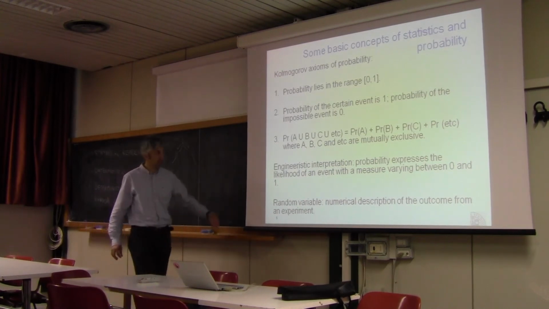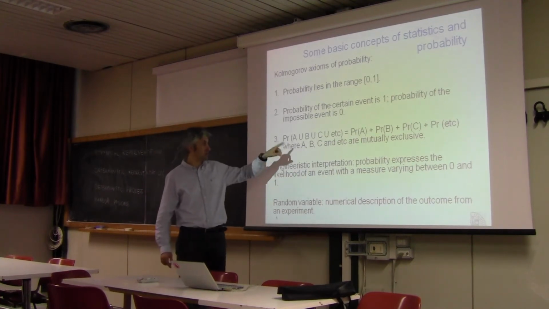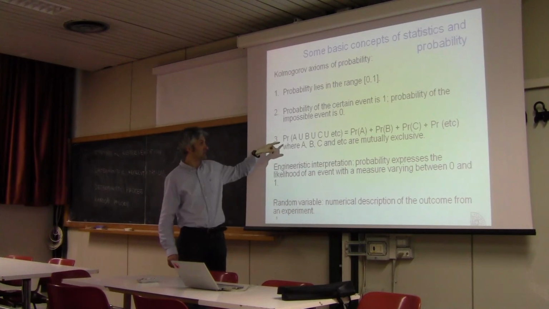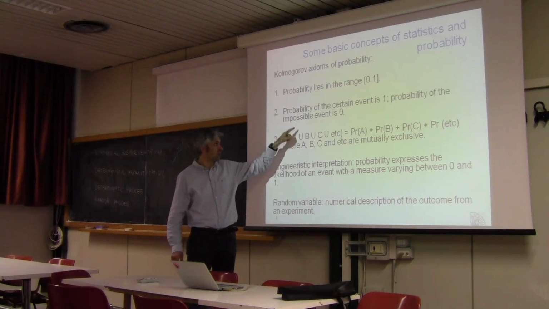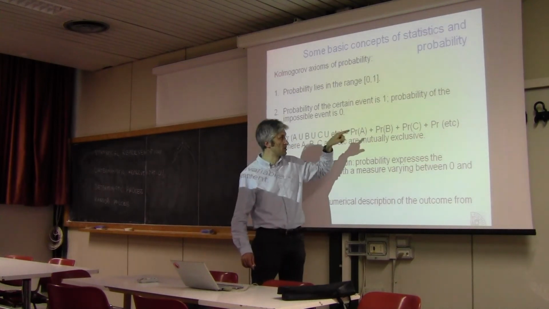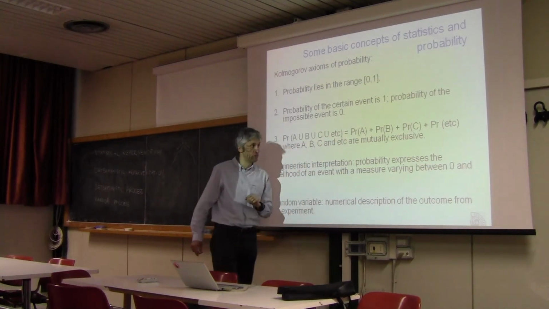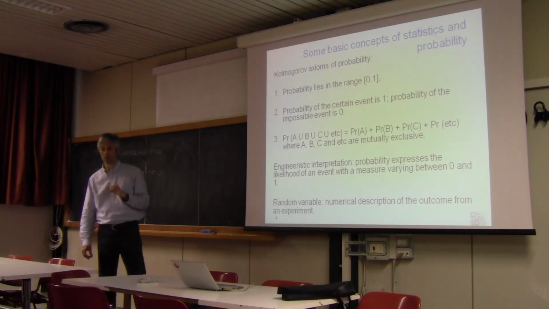Good. Third axiom. It's the additive property. The probability of getting either event A or event B or event C is equal to the probability of A plus the probability of B plus the probability of C. I make the example again of tossing a coin.